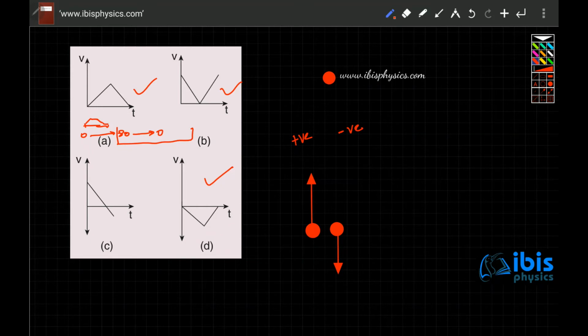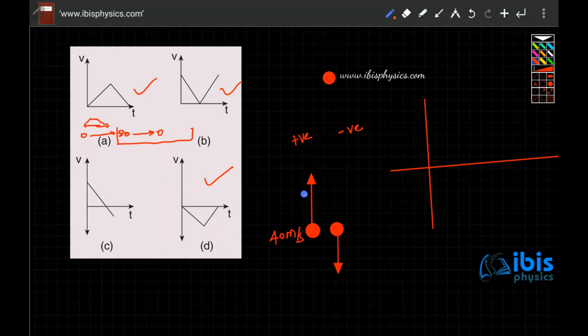So let's look at it. When it goes up, the body keeps on decreasing its speed and then it keeps on increasing. Let us say you are just throwing this ball with 40 meter per second speed, and acceleration due to gravity is 10 meter per second square.